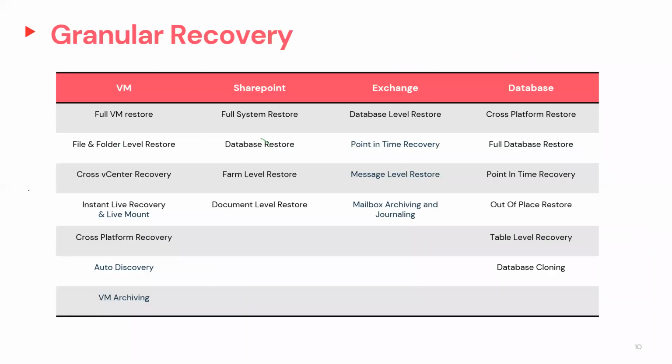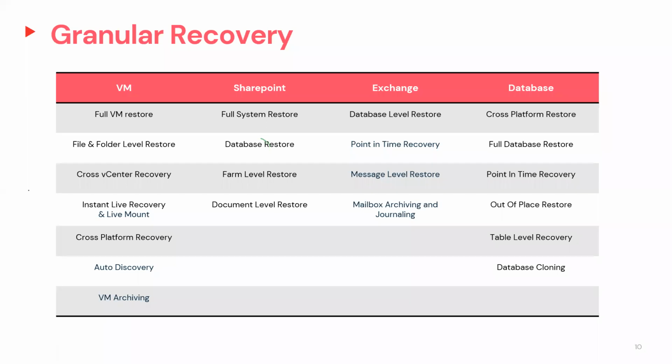Now, I mentioned earlier about granular recovery. When you have an agent and you talk to the environment, we allow something called granular recovery. What granular recovery allows you to do is choose what you want to restore. You don't have to restore the whole VM or the whole server. What if in that VM, I just want to restore one file, one folder, or in the whole database, I just want to do a table restore?